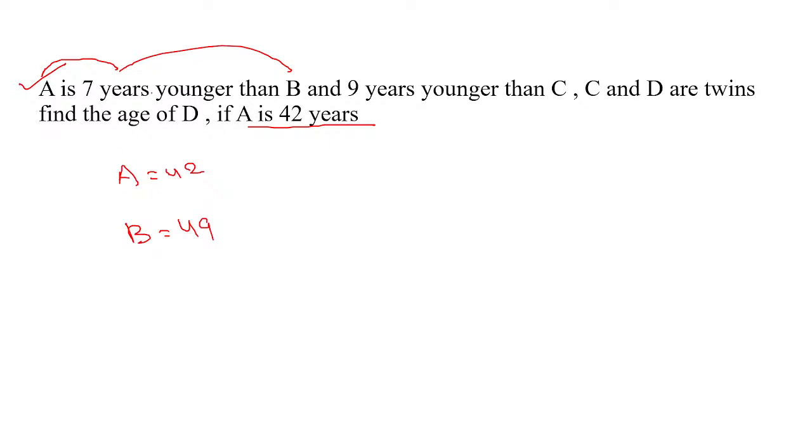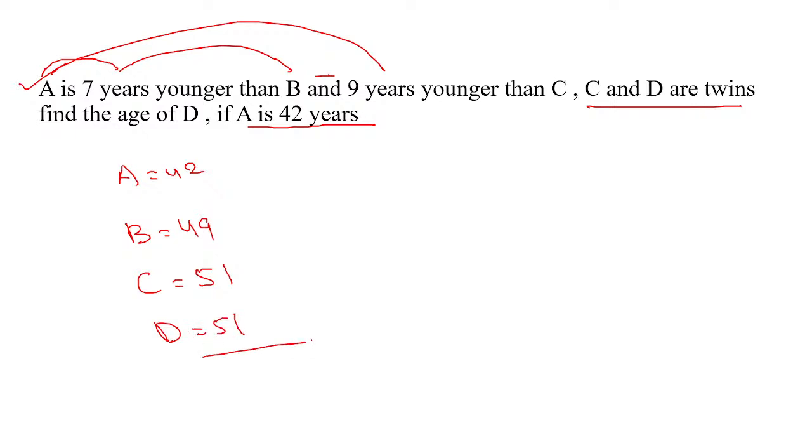And A is 9 years younger than C. If A is 42, C is 51, because A is 9 years younger than C. And C and D are twins. So C value is 51, D value would be 51. And they are asking you the question, find the age of D. What is the age of D? 51.